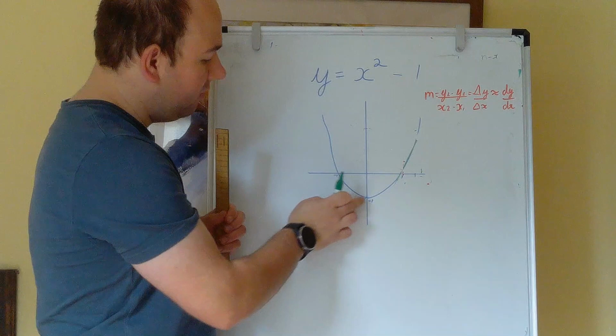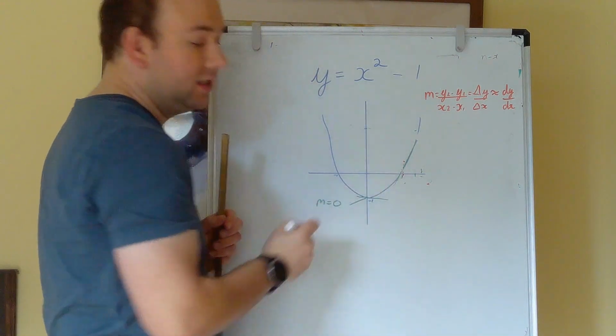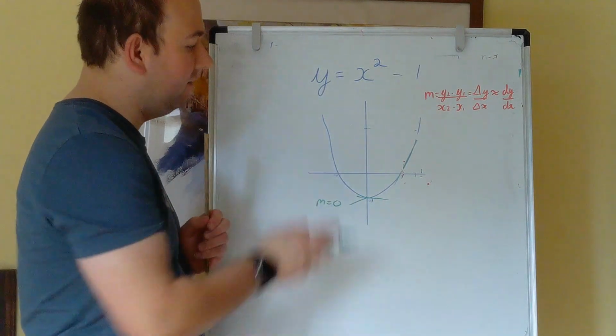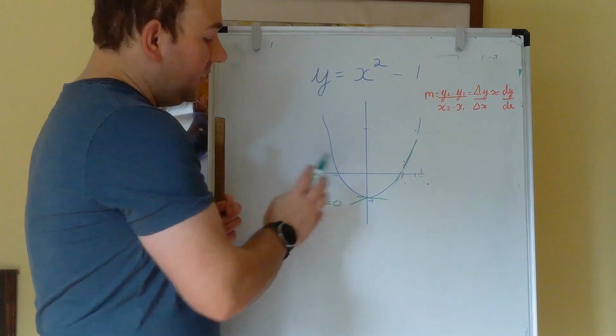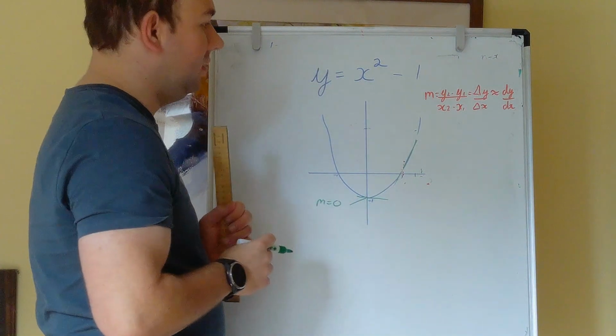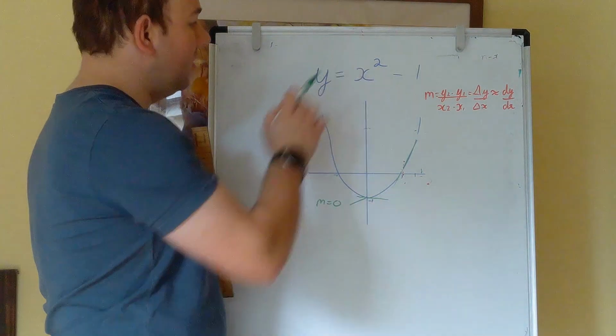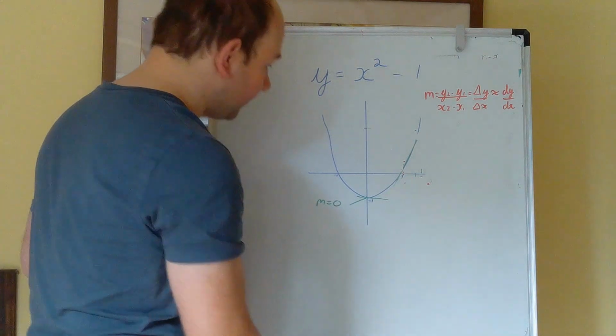So the gradient here is 0, and if I drew my tangent, it would be a straight line parallel with the x-axis. The reason I've done this is that I'm going to use it to demonstrate how you find the gradient of a curve from the equation.